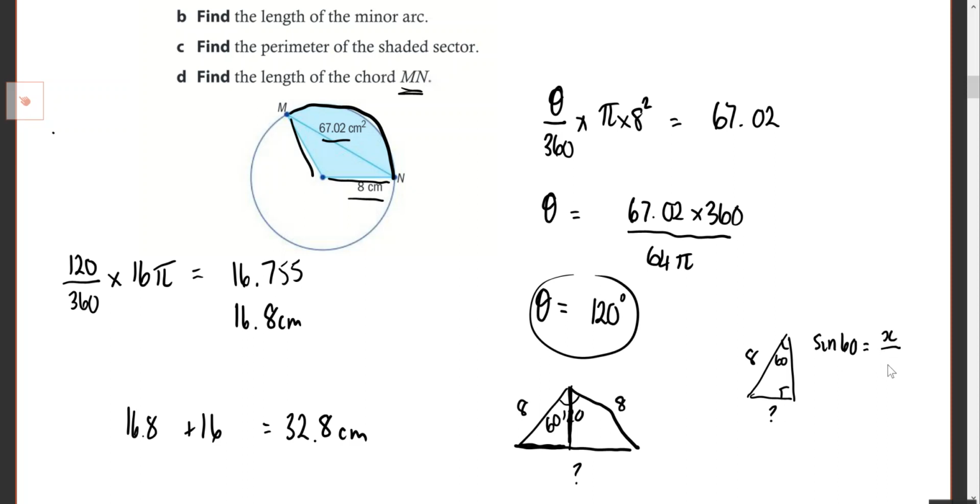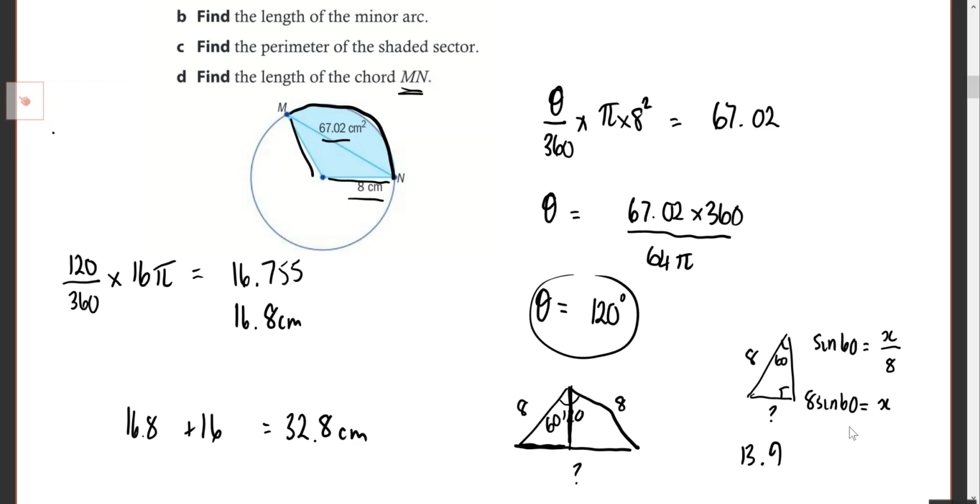So x over 8, so x is just 8 sine 60. Now, if it was a non-calculator paper, I'd expect you to know what sine of 60 was, which is good. So I could chuck that in, but you don't need to in this case. You can just work out that it ends up being 13.9.